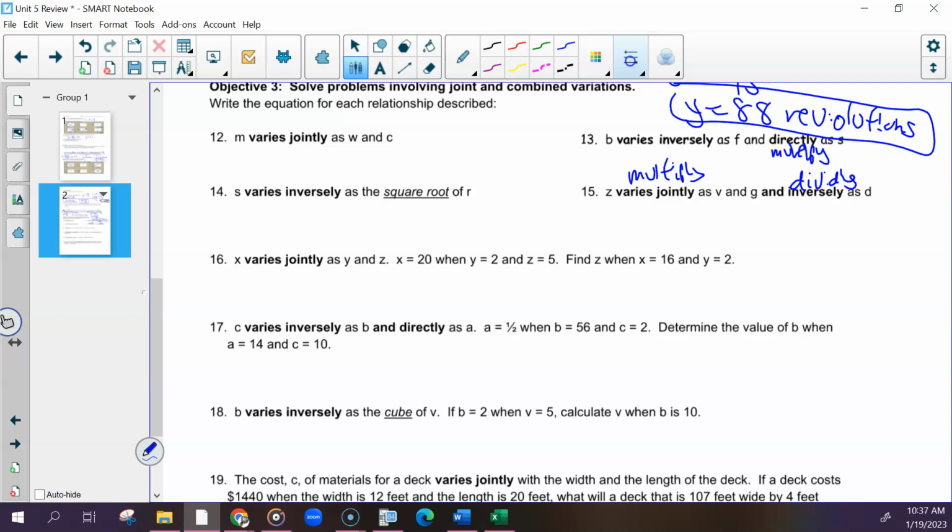Jointly will have multiple variables. All of your equations need k, no matter what. So z varies jointly would be z equals. Put your k right after the equals so you don't forget it. As v and g, so you would put v and then g right next to k. And inversely, so you're now dividing, as d.